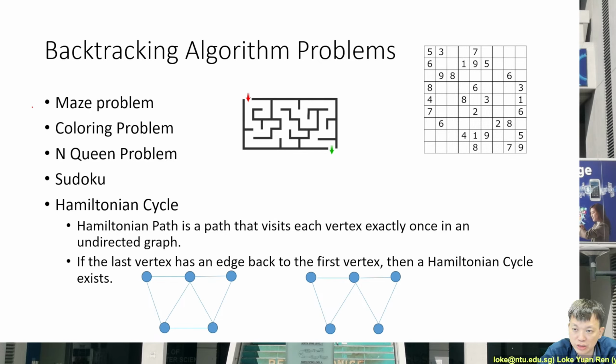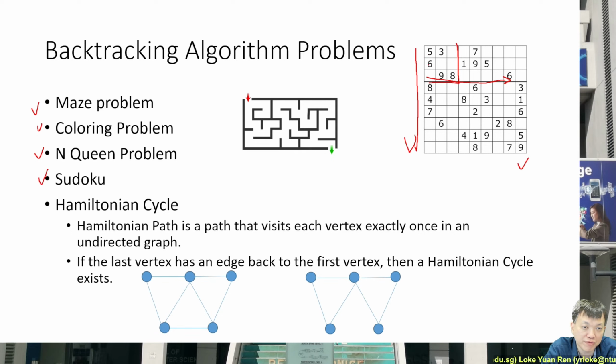You not only can solve the maze, color, and queen problems. In fact, Sudoku also can be solved this way, because you can see that you put one number here. This is the Sudoku. You check horizontally along here, and in the 3x3 grid you can only put 1 to 9.